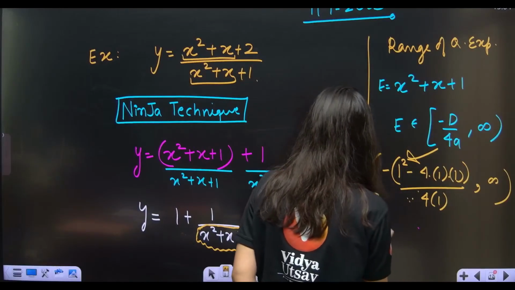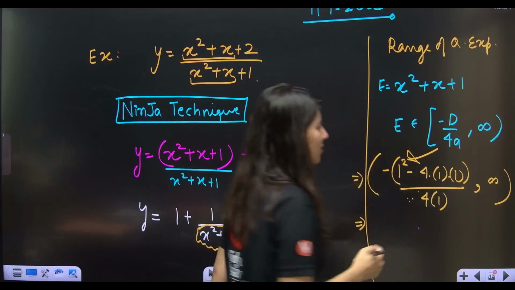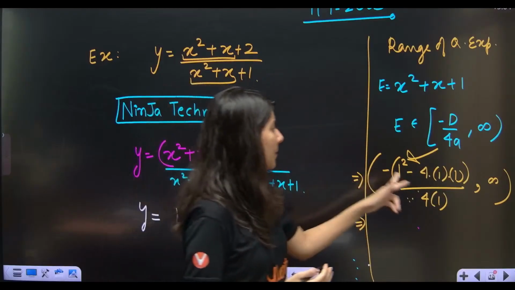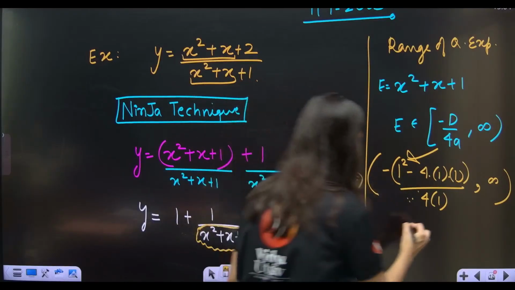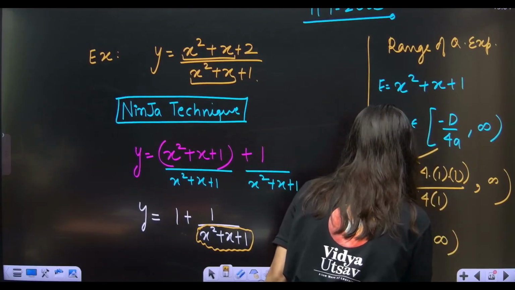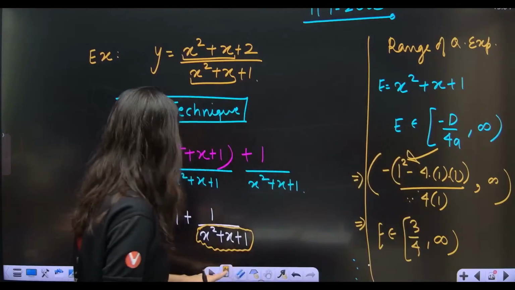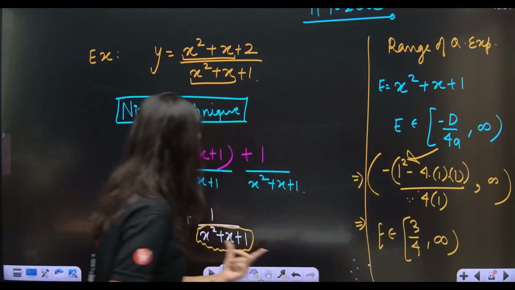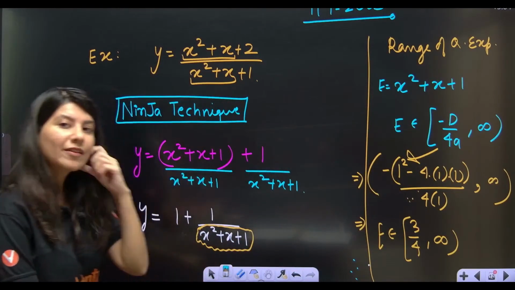So this is 1 minus 4, which is minus 3. Minus 3 with the negative sign is 3 by 4 to infinity. So the minimum value of this expression is 3 by 4.